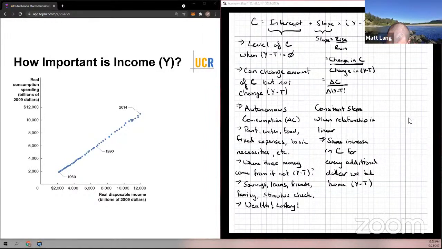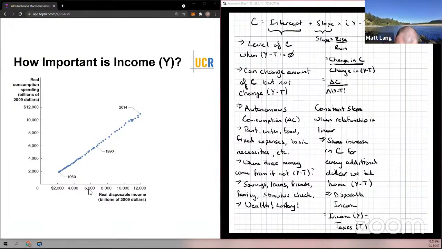Y minus T. This is disposable income. So this is going to be equal to that income Y minus our taxes T. Okay, hopefully that clears up the question about Y minus T there. So we're going to take the slope, multiply it by our take-home income.